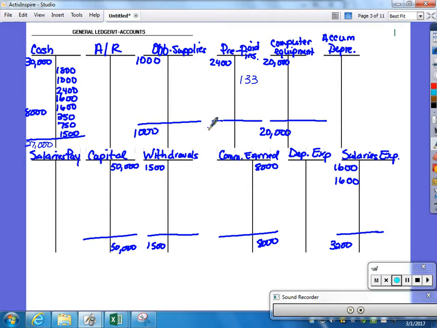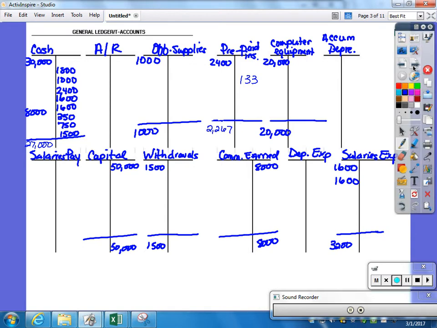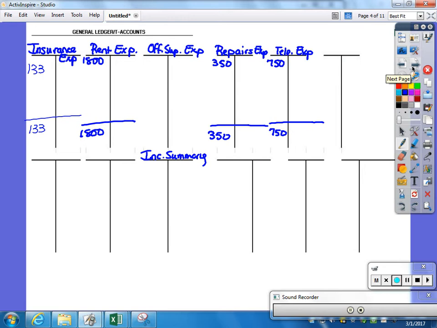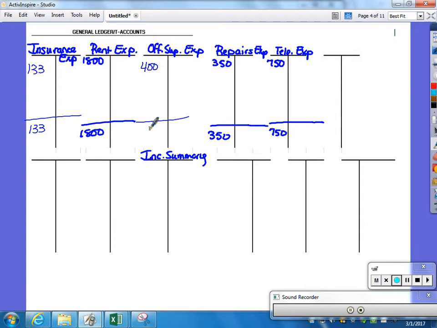So now we have a balance of 2,267. Office supplies expense increases by 400. So that means the new balance is 400.